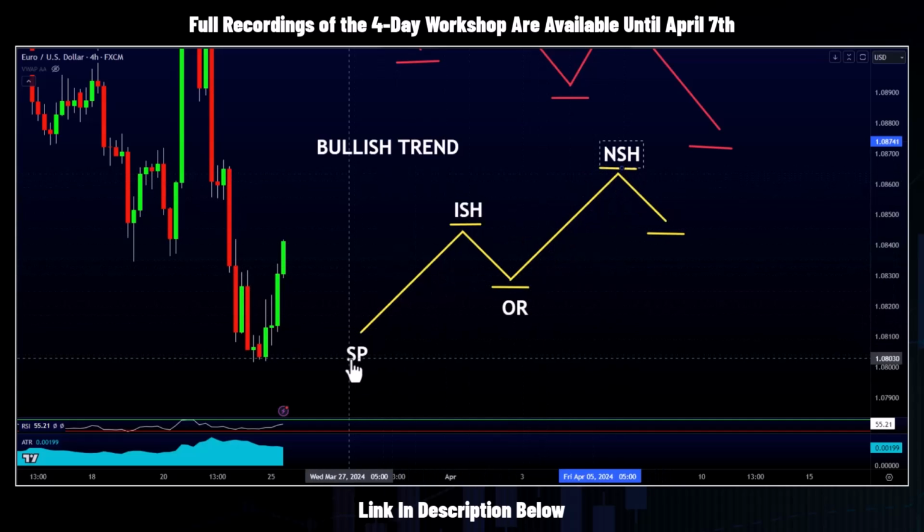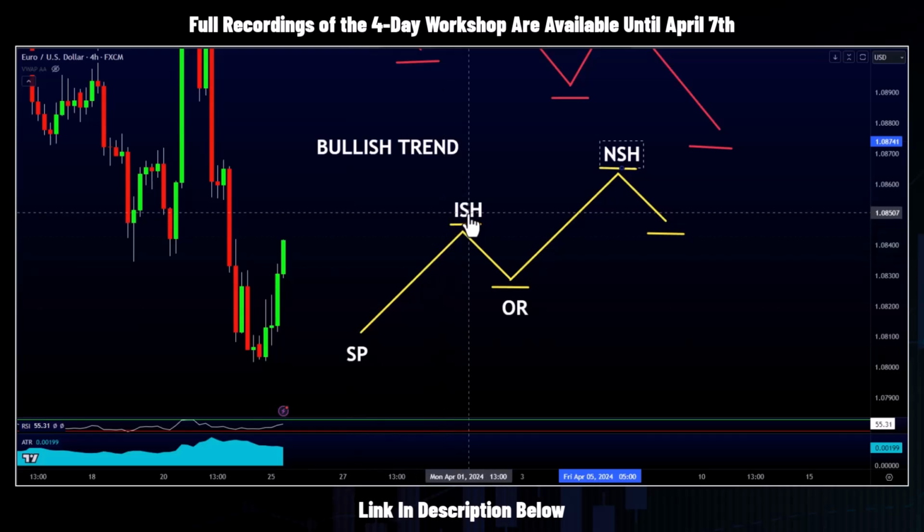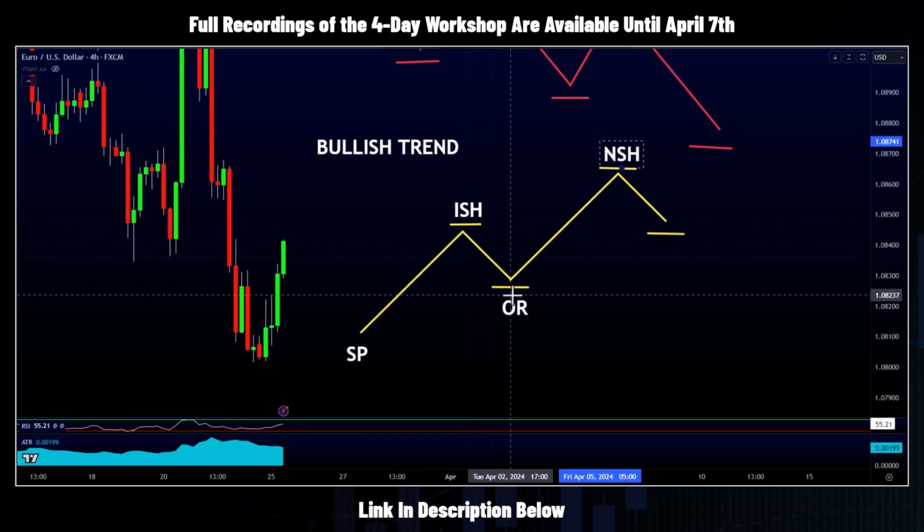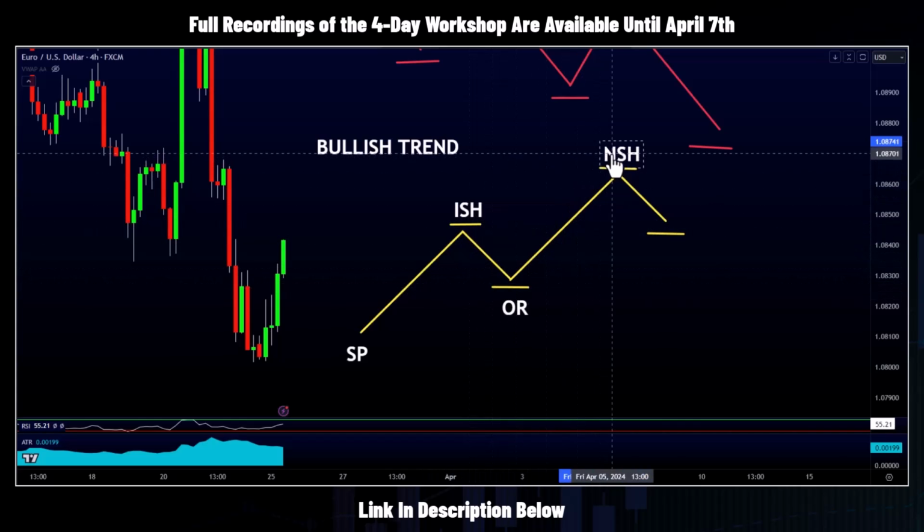So starting point to initial structure high is our first step, initial structure high to our outside return is our second step, and then a new structure high is our third step. When we have that 3-point move, that's when we can say that we are in a confirmed trend. And in this case, a confirmed bullish trend.